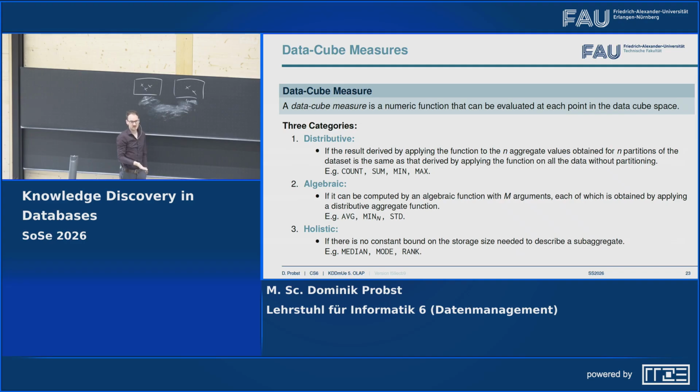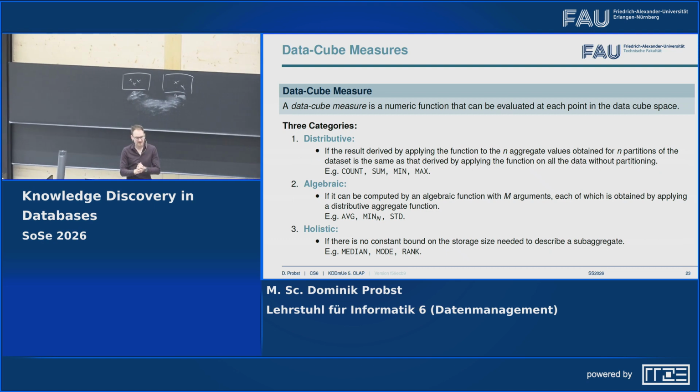Because how should we know how often a value occurs in total? That's not possible. So mode would be an example for a holistic measure. Same for median. There's no way to find that out.